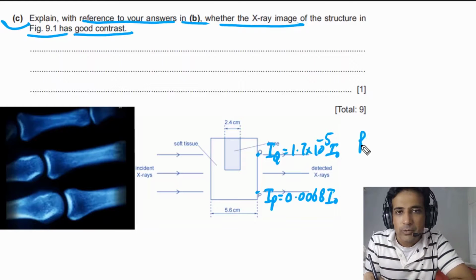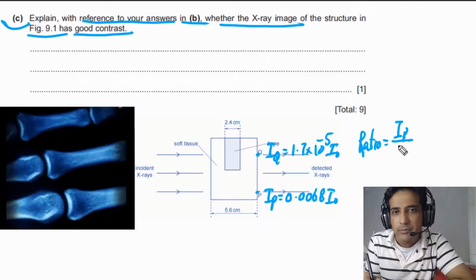Now we can find out the ratio between IP and IQ. IP divided by IQ is equal to 0.0068 times I naught divided by 1.7 times 10 to negative 5 times I naught.